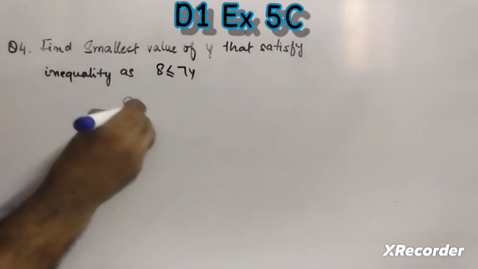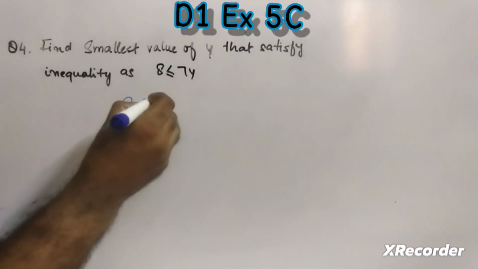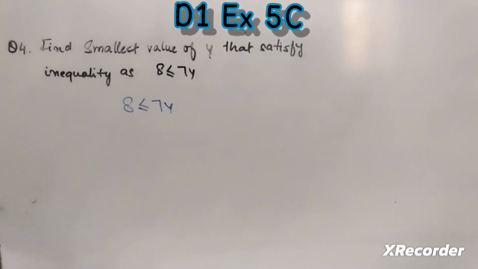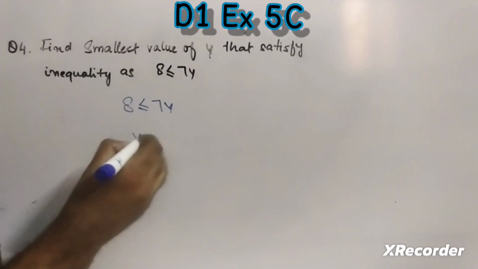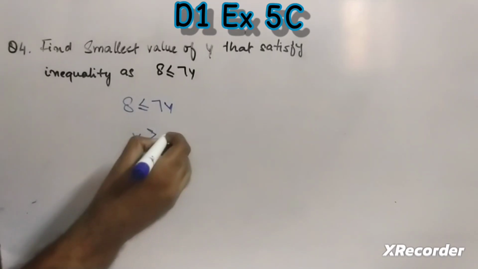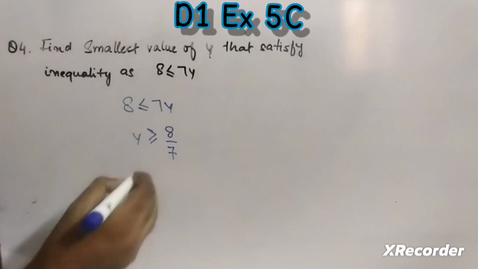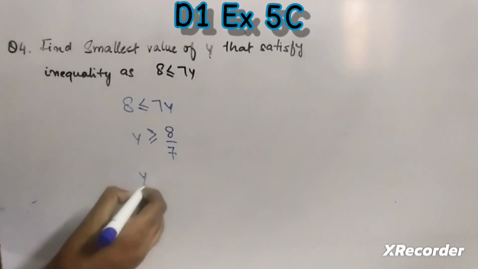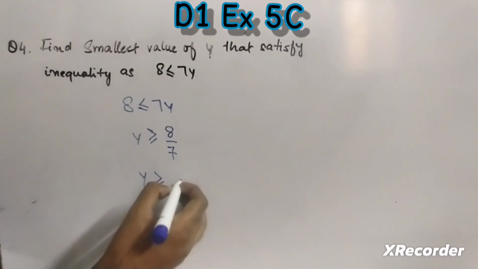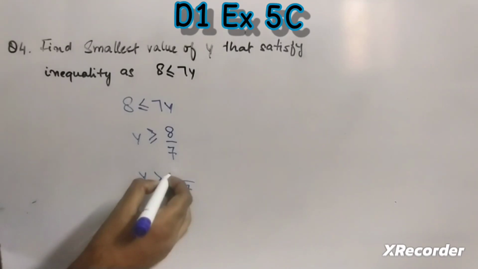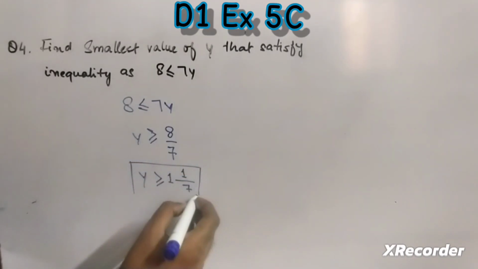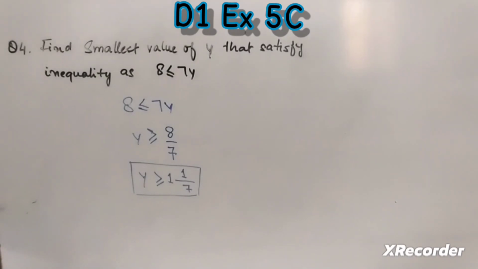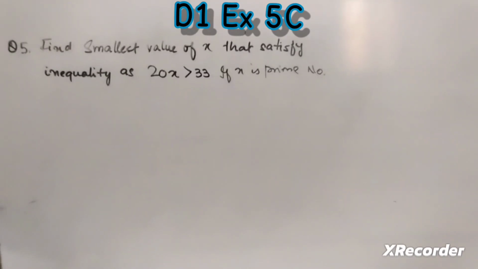Since what is given is 8 is less than or equal to 7y, we can see that y is greater than or equal to 8 upon 7, and for the fraction we can write it as a mixed number. This is the smallest value of y. That is our required answer.